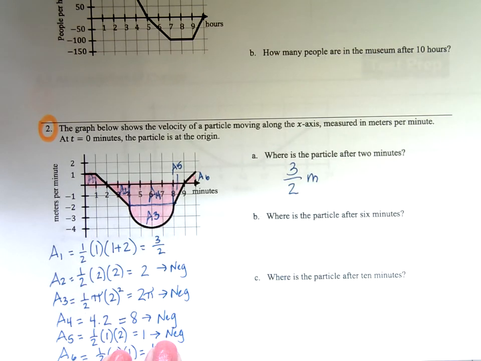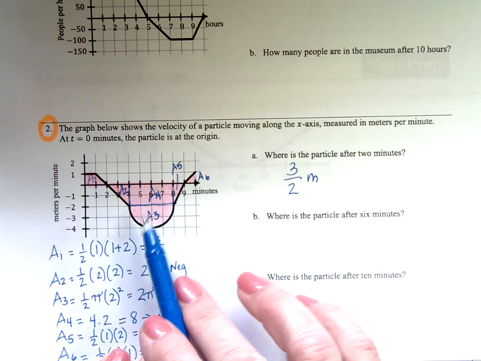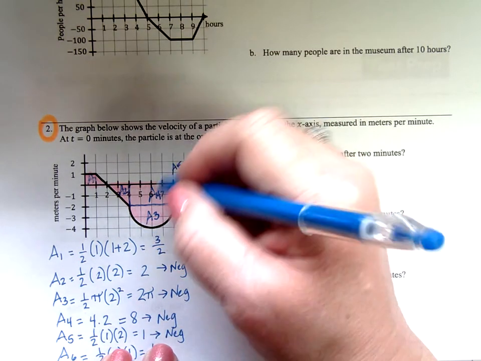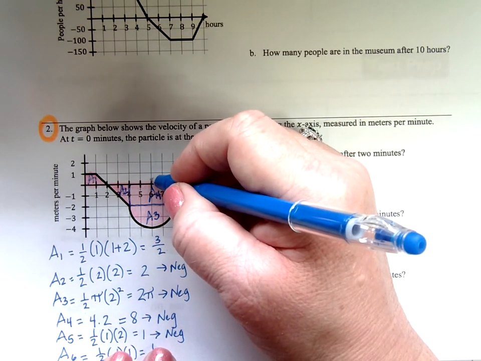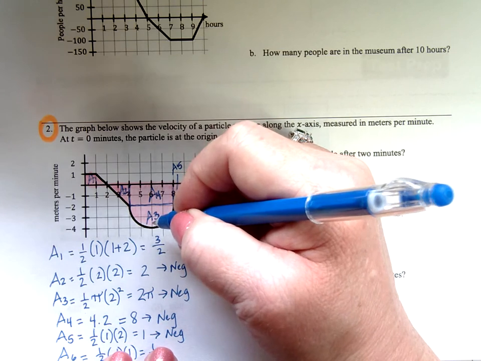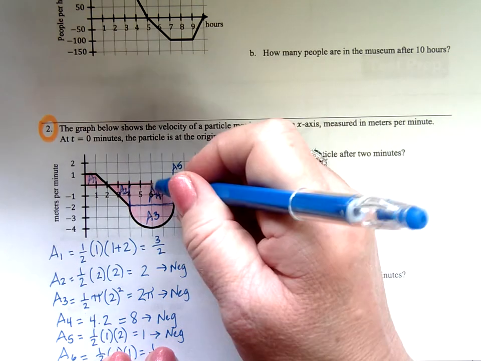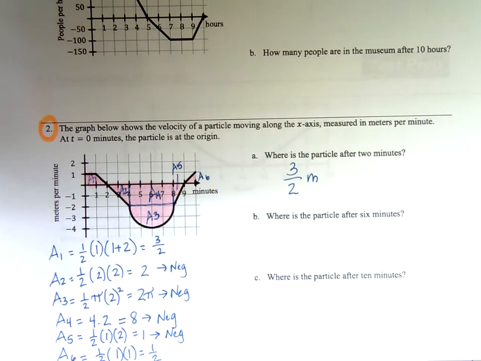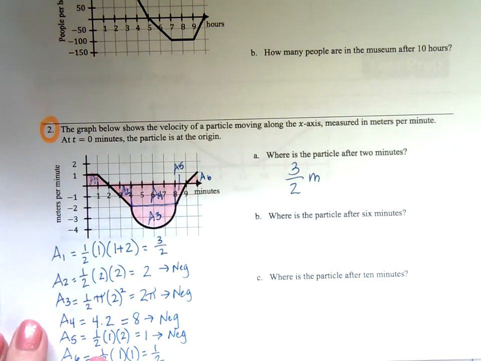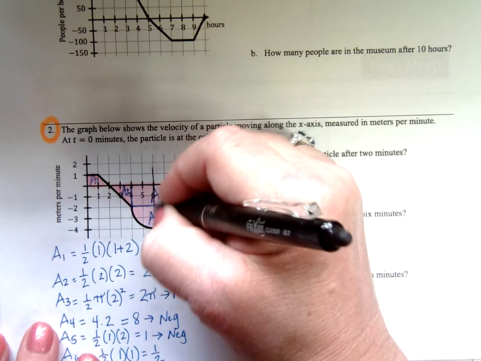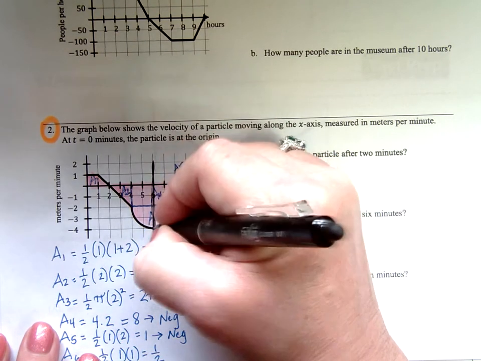Where's the particle after 6 minutes? Now I got to figure this out a little bit differently, right? Because at 6 minutes, my breakaway is here. And it's not symmetric, unfortunately. When I first did this problem, that's kind of why I chose this one.